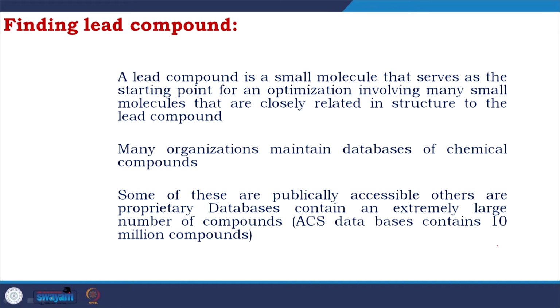Some of these are publicly accessible, others are proprietary databases containing an extremely large number of compounds. The most popular accessible ones are the ACS database, which contains 10 million compounds, and a database called Zinc. When I get to structure based and ligand based drug designing, I will give you a table of the popular databases of small molecules.